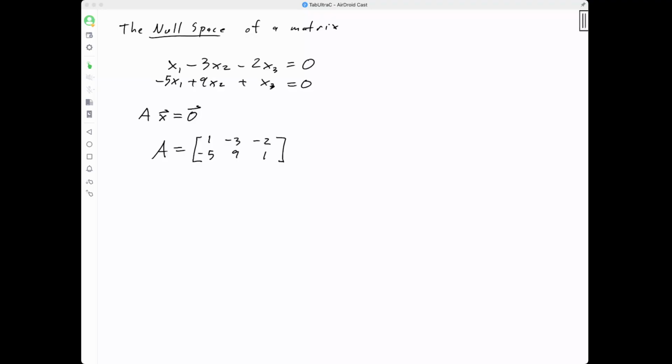And so we say that the solution set of this system is the set of vectors that make all of these equations true, that make them all come out to be 0.